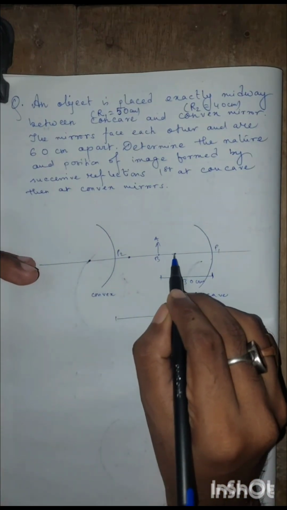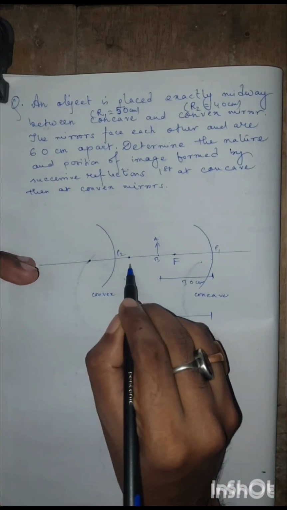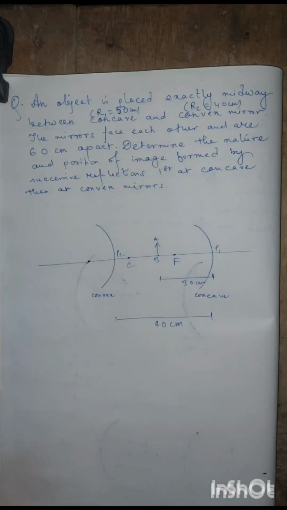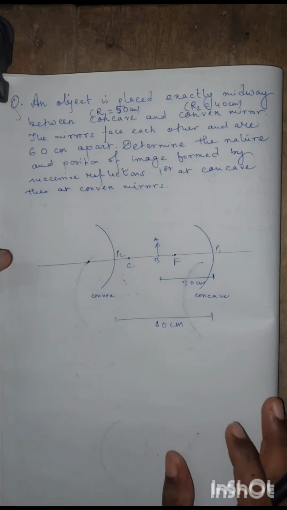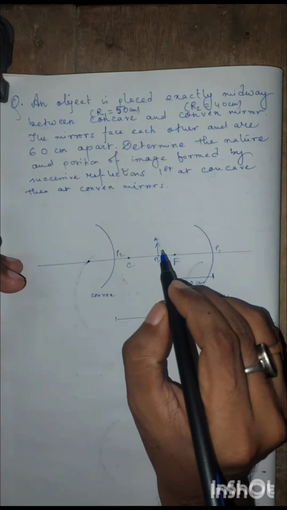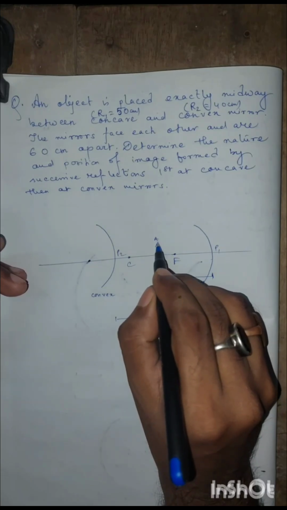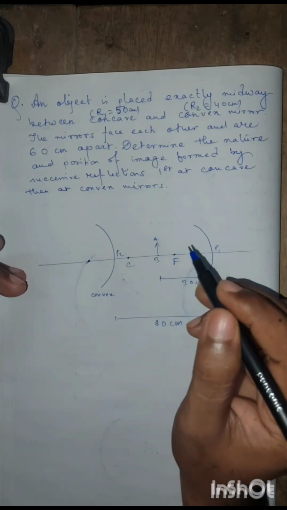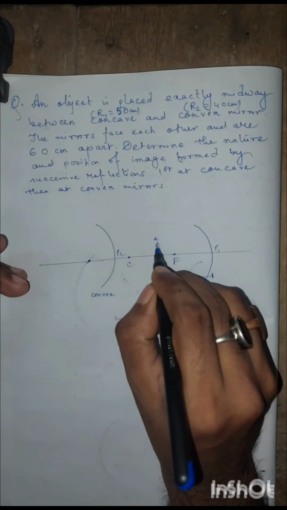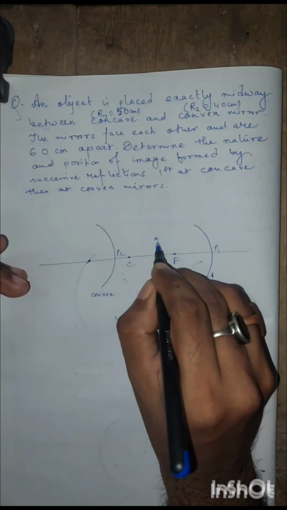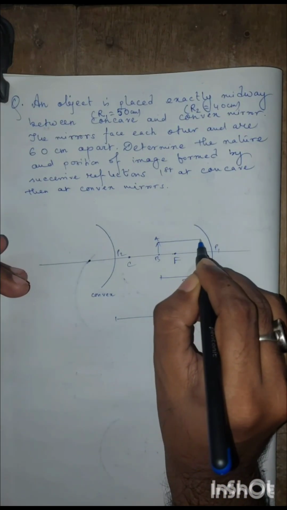This is the focus and this is the center of curvature for the concave mirror. So we can assume two rays of light are coming out of this object from any point, let us assume from point A. The first ray is parallel to the principal axis.